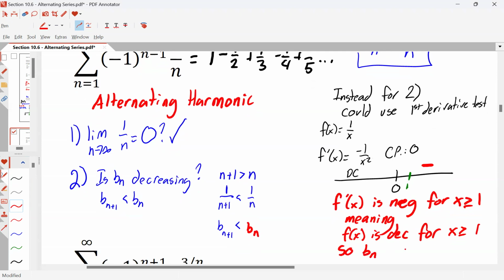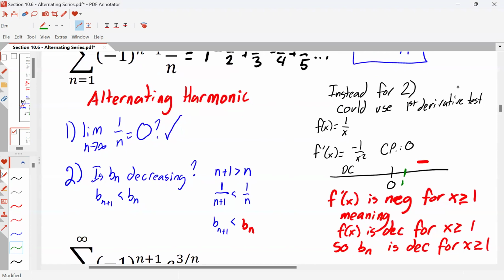So b sub n is decreasing. So we can use the first derivative test as well. Unless it's about 2-3 lines like this one was, I would recommend using the first derivative test to show decreasing.